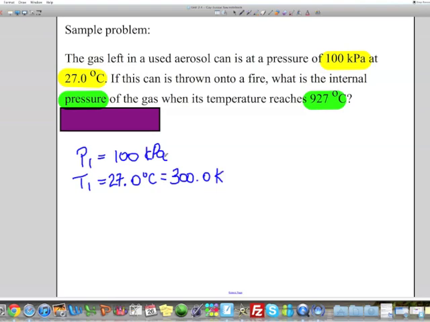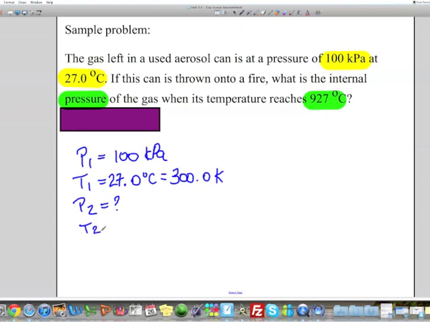Like I explained in the last lesson, if I have one decimal, I keep one decimal for the Kelvin. I keep the same exact amount of decimals. For P2, I don't know what that is, so I'm looking for that value.